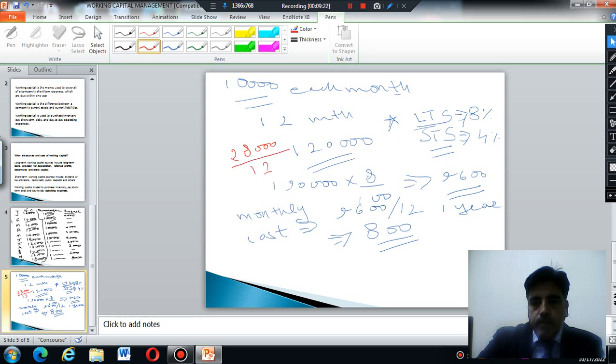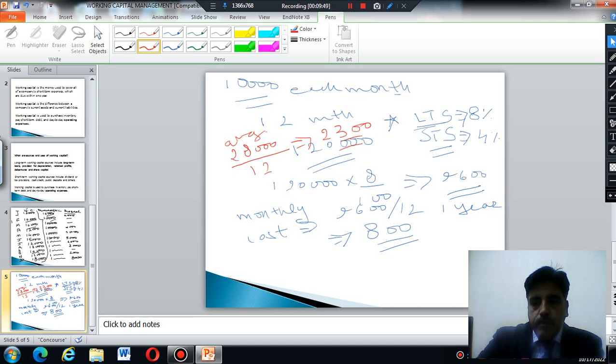If you take a look here, approximately 2300 will be the amount required to meet the seasonal working capital requirement from January to December. This is the average I have taken, okay.